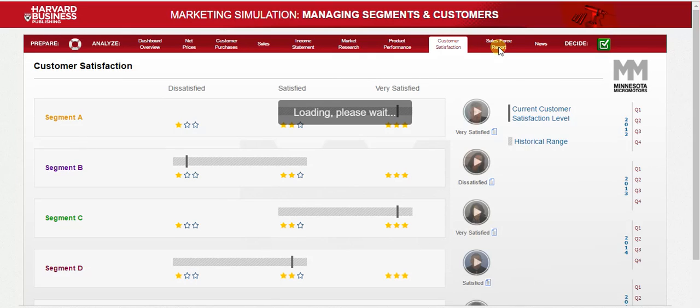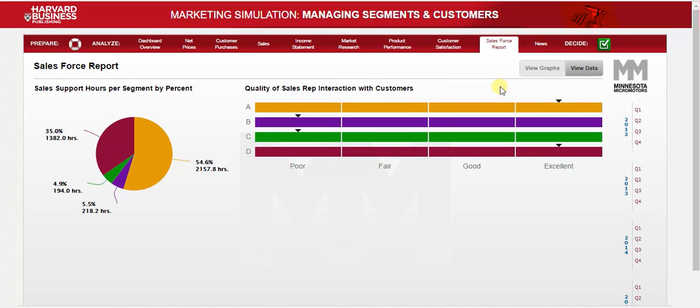Moving on to the Salesforce report. As you see, I focused on segments A and D, for those are our primary customers, and my Salesforce didn't particularly spend too much time with segments B and C. If we would have, we probably would have had negative profits, no profits.